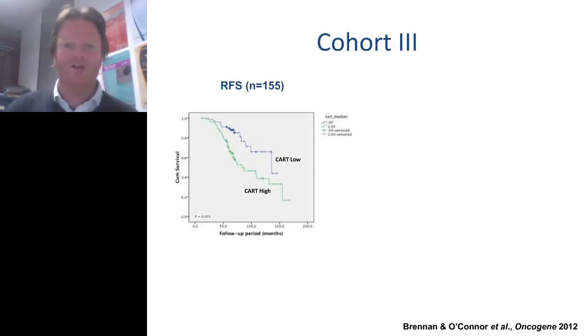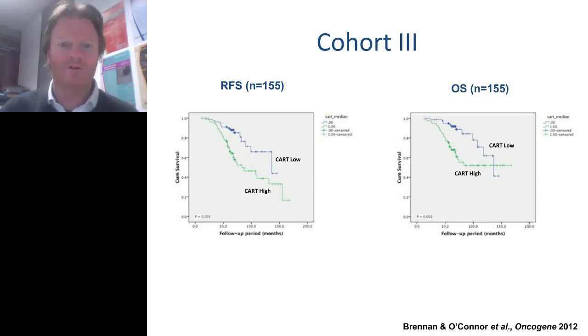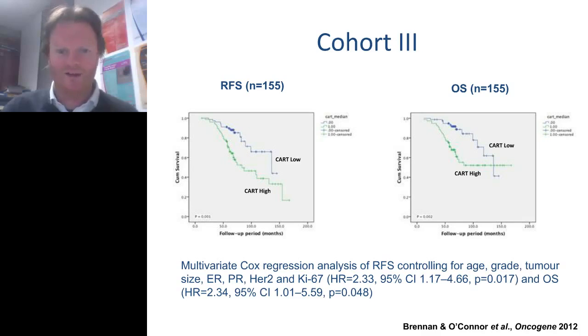So we looked in a third cohort and looked at the effects of CART on outcome in these patients, and again saw when looking at both recurrence-free survival and overall survival that patients that have high CART do much worse than patients that have low CART, and again all of these patients were treated with tamoxifen.